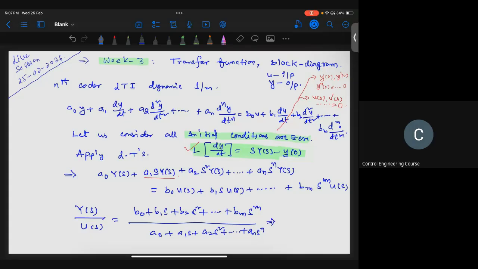So this has a numerator N(s) and a denominator D(s).